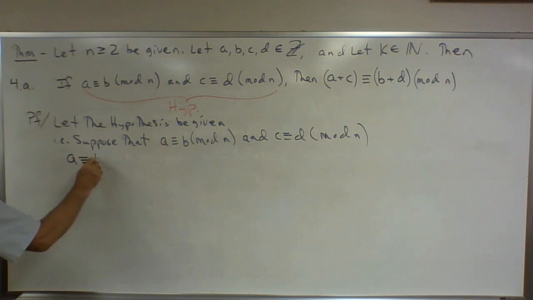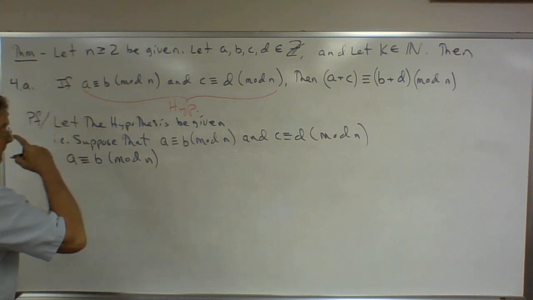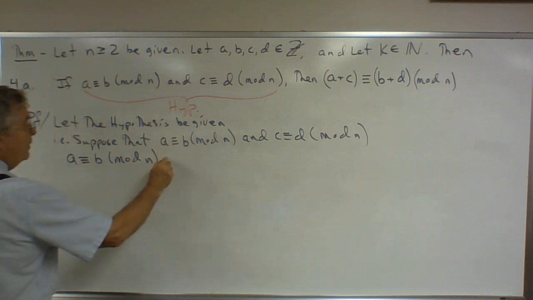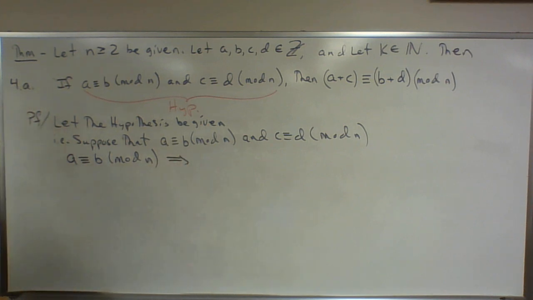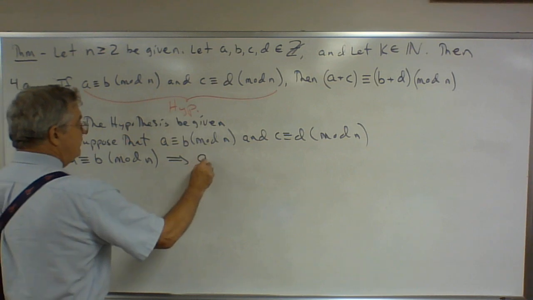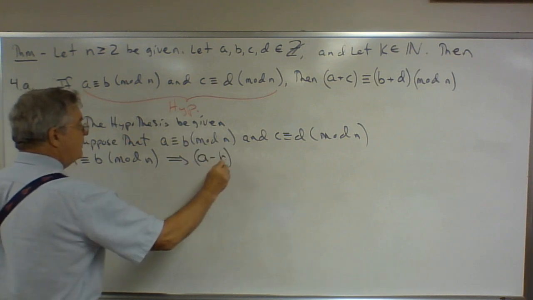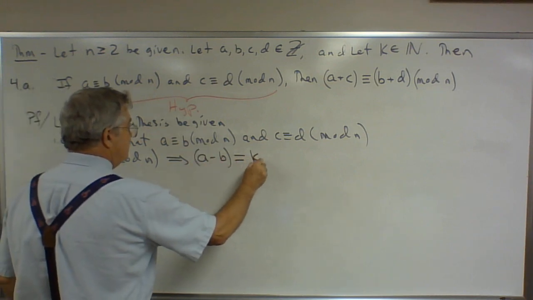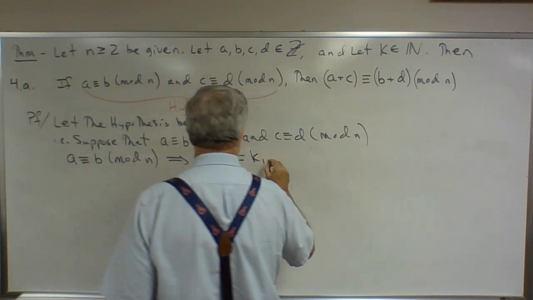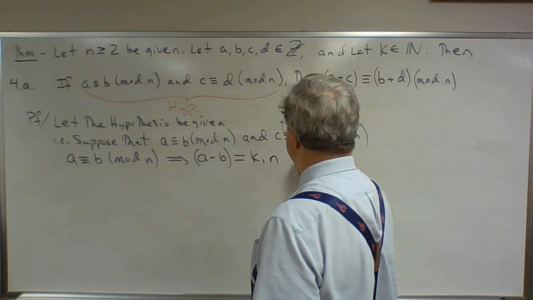A congruent to B mod n. What does that tell us? That their difference is a whole number multiple of n. So that means that A minus B is equal to some integer, K1, times n.